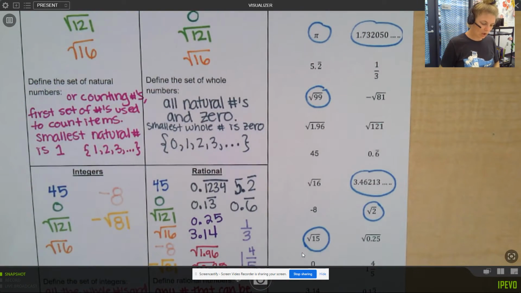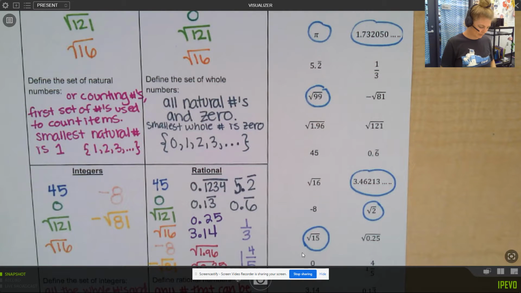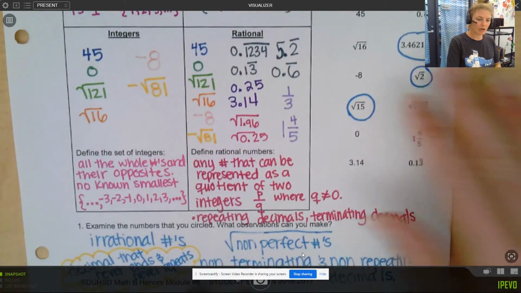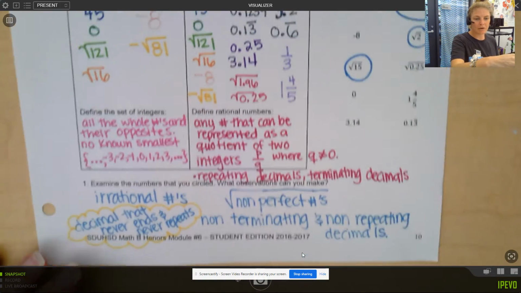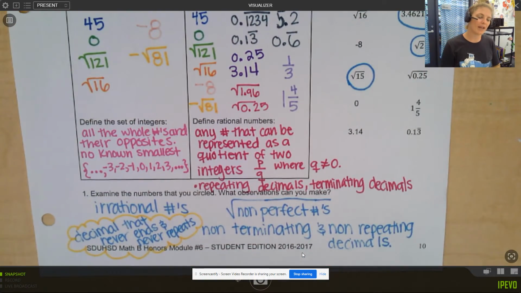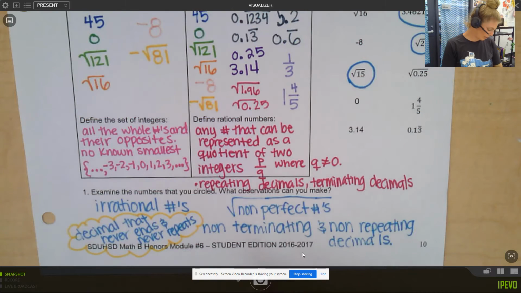So taking a look, what observations can we make? We can say those are irrational numbers. So they are decimals that never end and never repeat. It includes square roots of non-perfect squares, or multiples of them. And it's non-terminating and non-repeating decimals.